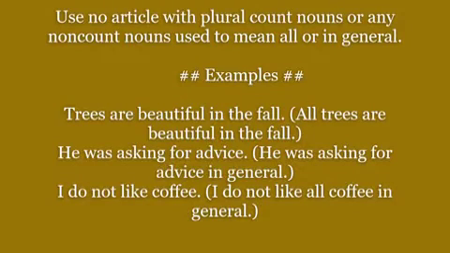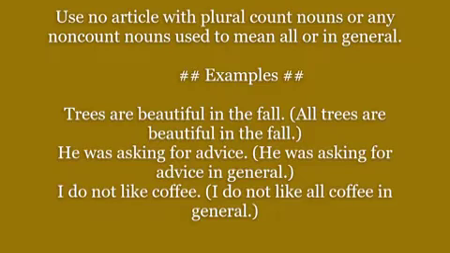Use no article with plural count nouns or any non-count nouns used to mean all or in general. For example, trees are beautiful in the fall. Here, all trees are beautiful in the fall.